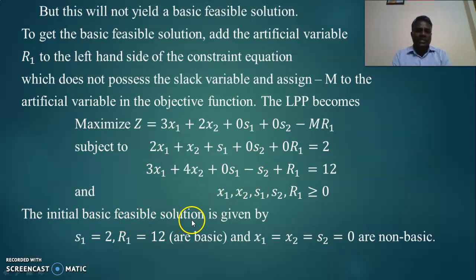The initial basic feasible solution is given by S1 equal to 2, R1 equal to 12, which are the basic variables, and x1, x2, S2 equal to 0 are non-basic variables. We set these three variables equal to 0 to attain the basic feasible solution.